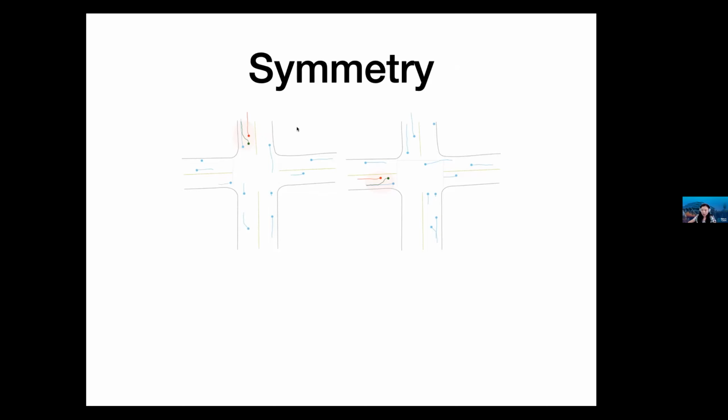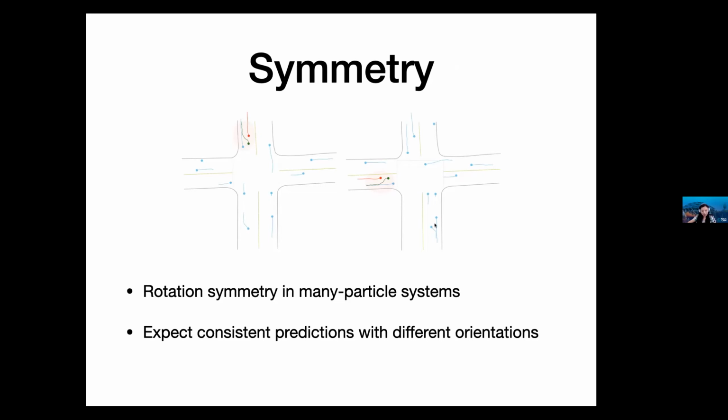If this model is successful, then it should be able to distinguish left turn from right turn and give consistent predictions at intersections when the intersections are rotated with different orientations, right? Showing this figure, we think there's rotation symmetry in traffic or in many particle systems. So we expect our model to give consistent predictions with different orientations.